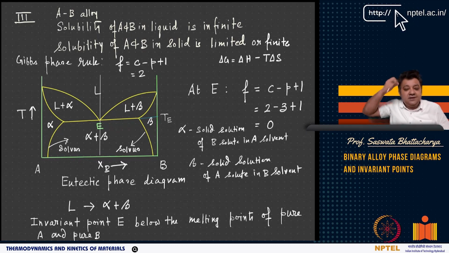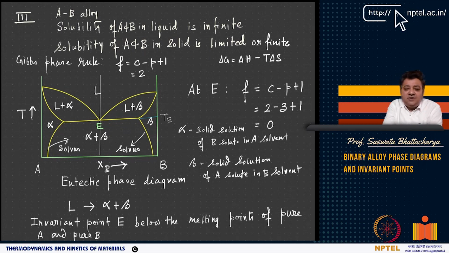So this is basically a eutectic transformation, and the eutectic can be in the form of lamellae, in the form of rods. It can appear as alpha plus beta arranged in the form of alternating lamellae, or rods, or plates.